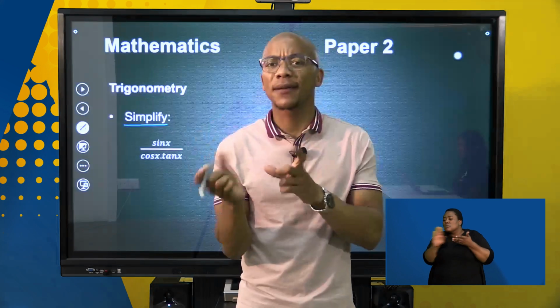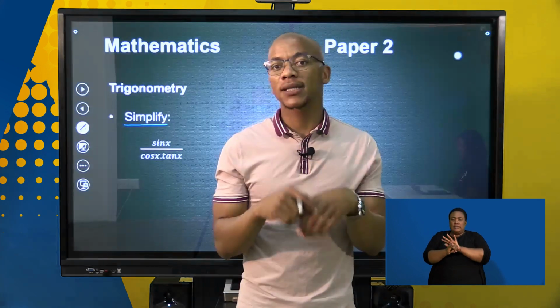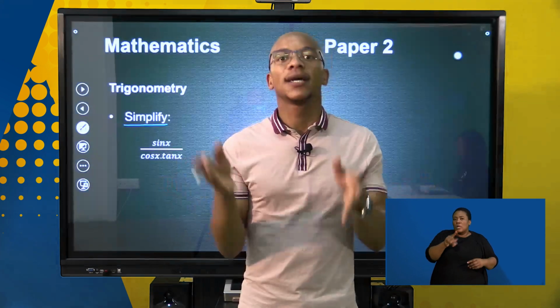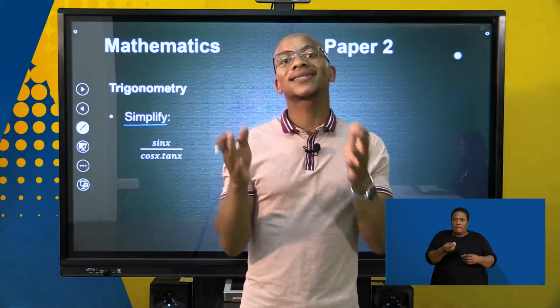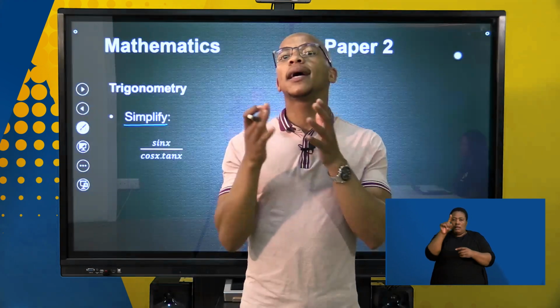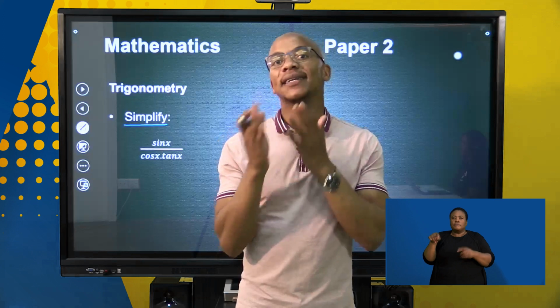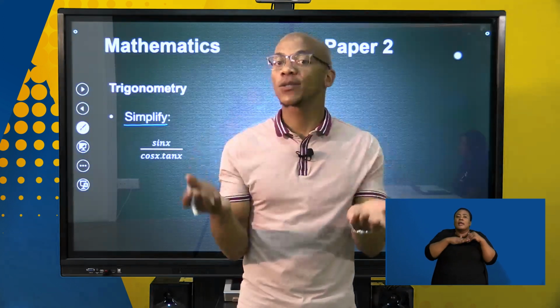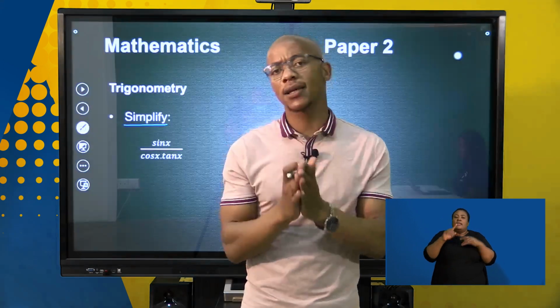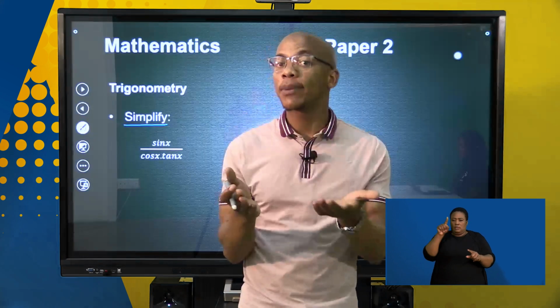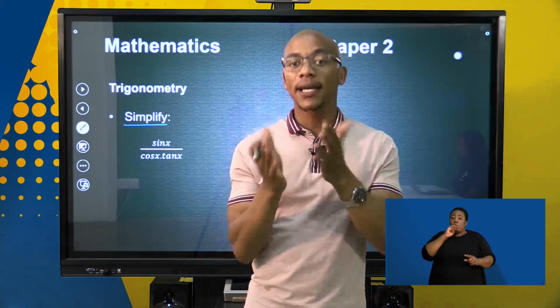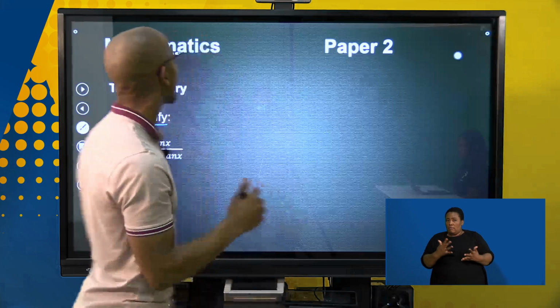That's what simplify means. Also, simplify means if you are given angles, reduce the angles such that they are all smaller than 90 degrees, meaning they are your special angles. So those are the things that we mean when we say simplify. Let's look at this and actually make sense of what I mean.